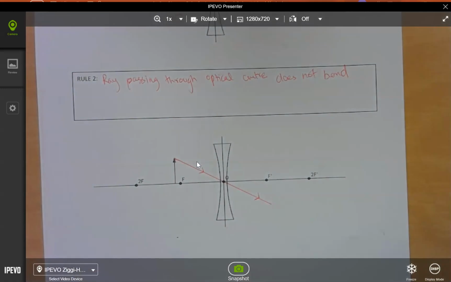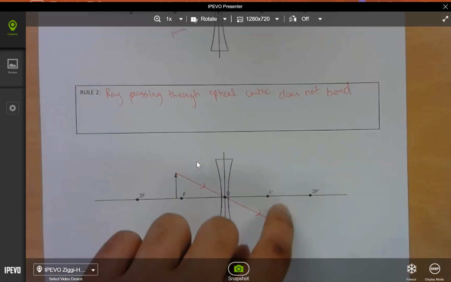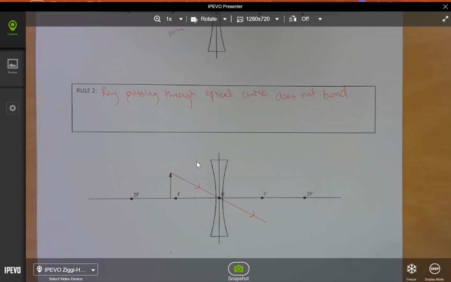It's the same idea, but we don't use that rule because it's unnecessarily complicated, and we're not always given F prime, so in calculation wise it's not that useful. Two rules will always get an image. We need only two. And I like the second rule. It's nice. It's just a straight line. It's beautiful.